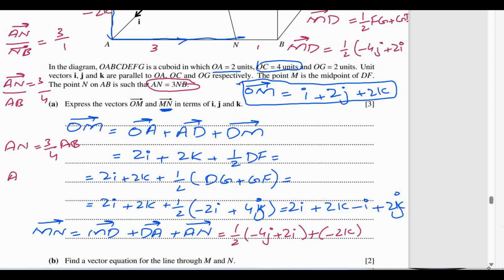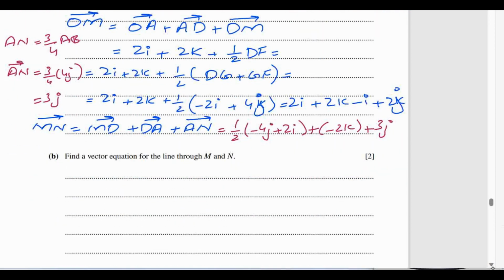So AN will be equal to 3 by 4 into 4J. So from here we can see this will be equal to 3J. Simply put it in the equation. So plus 3J. Now if we simplify it, our final answer for vector MN will be equal to I plus J minus 2K. So this will be the final answer for part A.